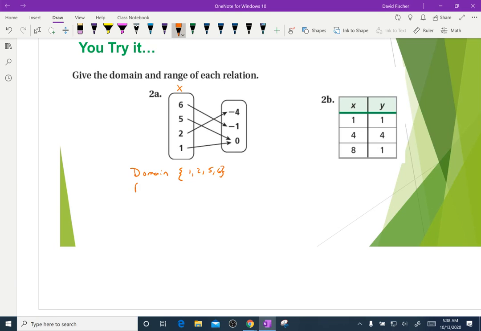Now when I go to my range, I have a bracket. Over here, -4 is my smallest one, comma, -1, comma, 0. These are individual points. Over here, 2b, domain, again, is my x's.